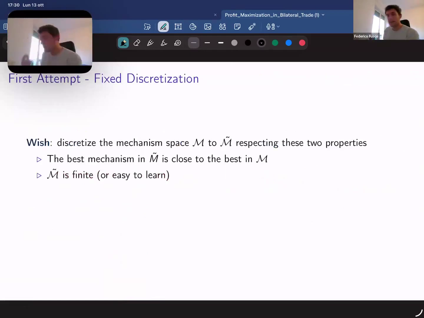And beyond that, let's try to use the standard toolbox that you typically have at your disposal in these situations.